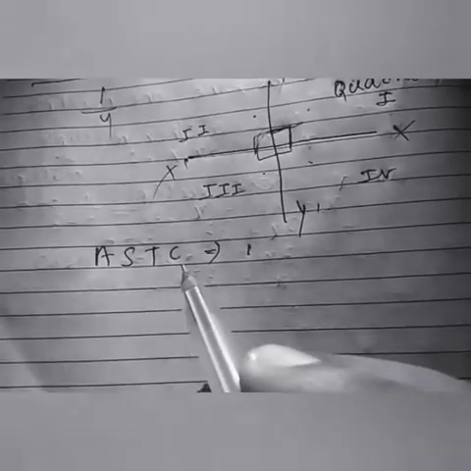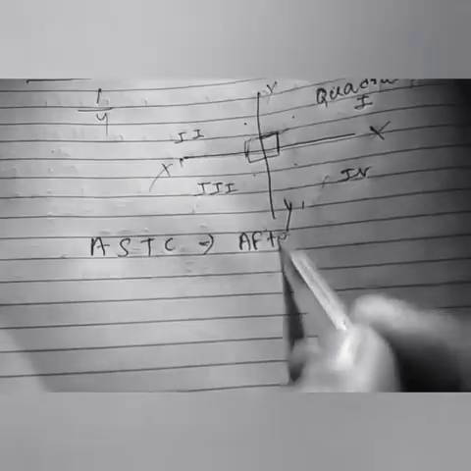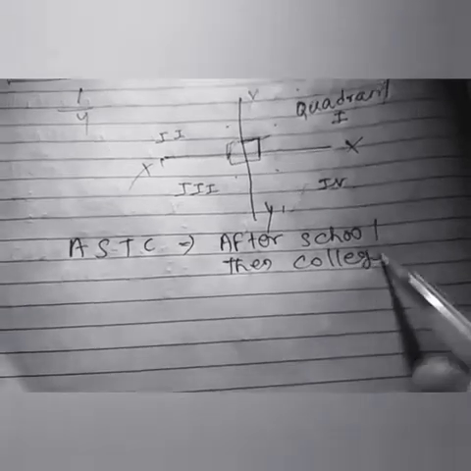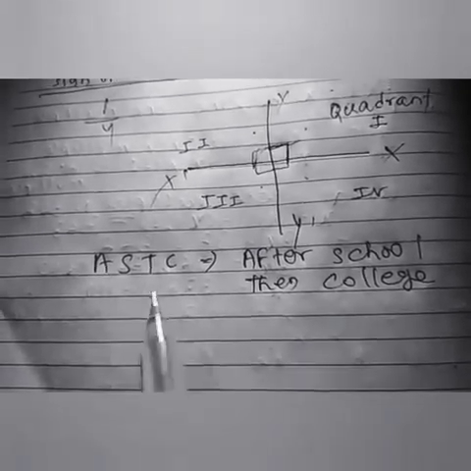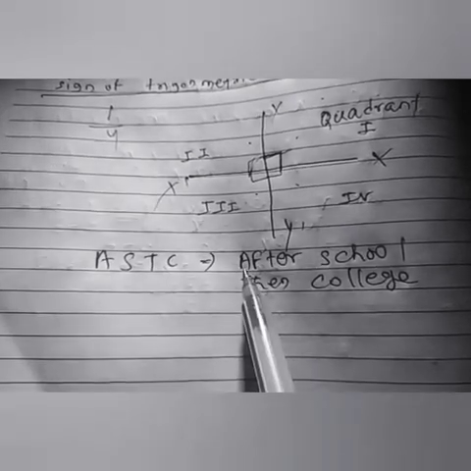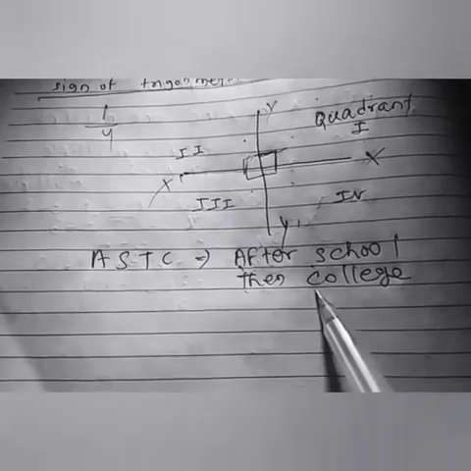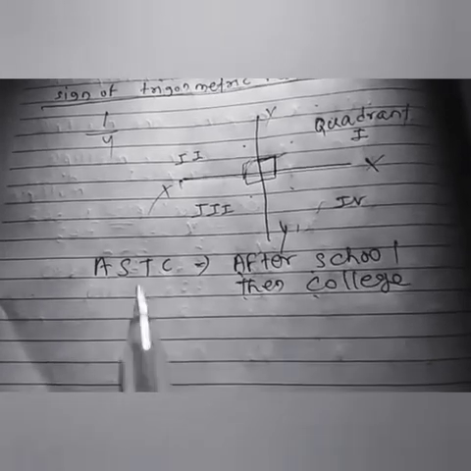The remembering formula for ASTC is: after school then college. A for after, S for school, then T, then C for college.